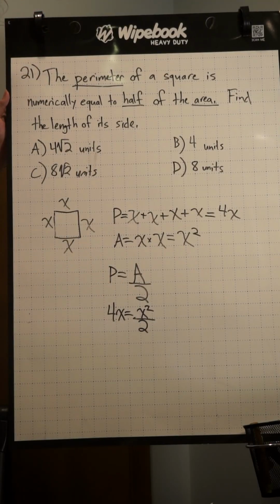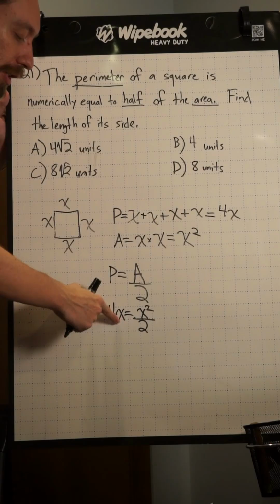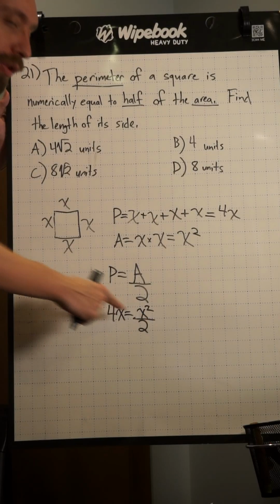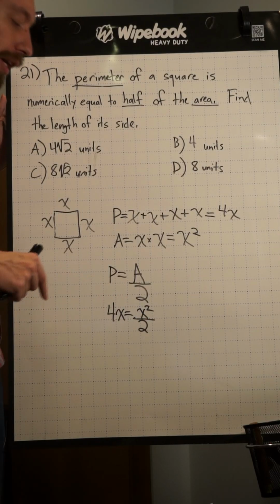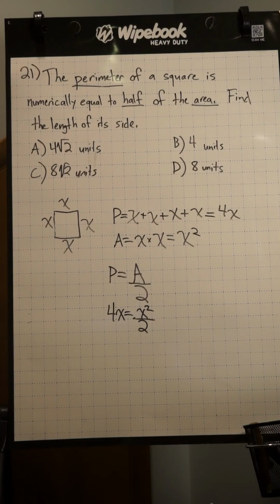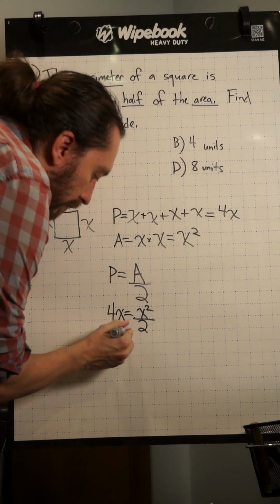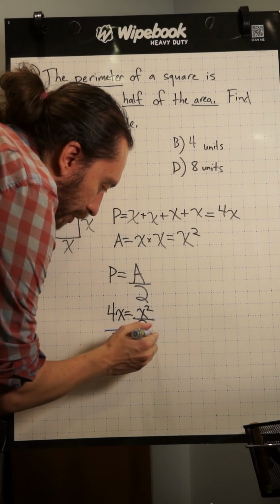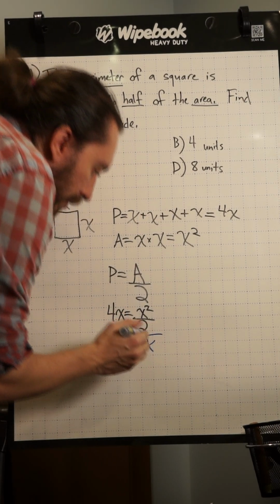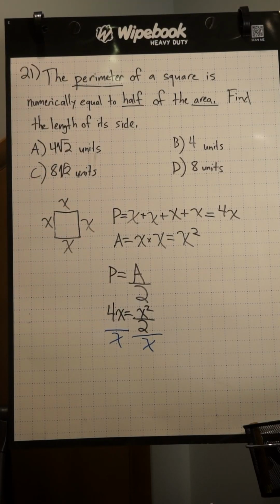We might think that we have to do something with quadratic formulas or quadratic equations, but this one actually there's a way we can simplify it a little bit. We can remove one of the x's because we have x's on both sides. So we can divide both sides by x.